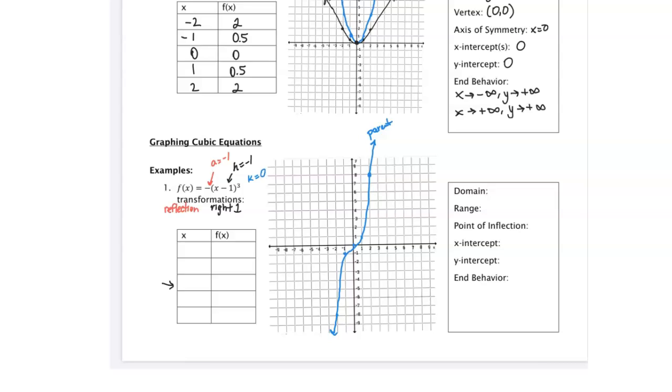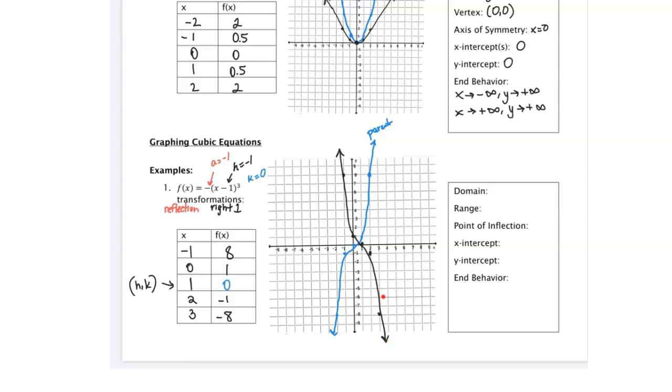In the middle, we're going to place our h and our k. Remember that for the h, it's a little tricky. Instead of that -1, we're going to write a +1, and our k is 0. Coming up with the rest of your values, you have 0, then -1, 2, and then 3. Use Desmos to find the rest of your values, which are here, and then we'll go ahead and plot them.